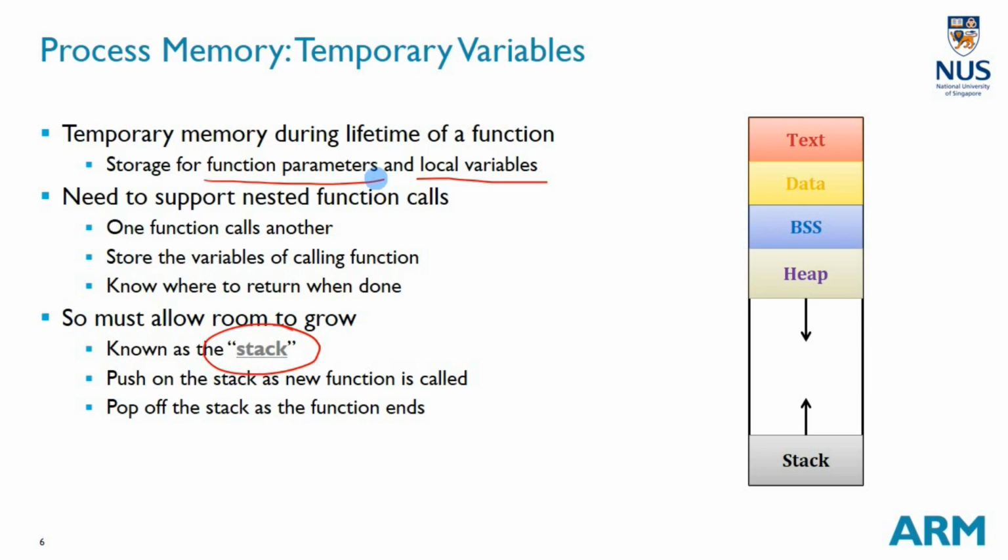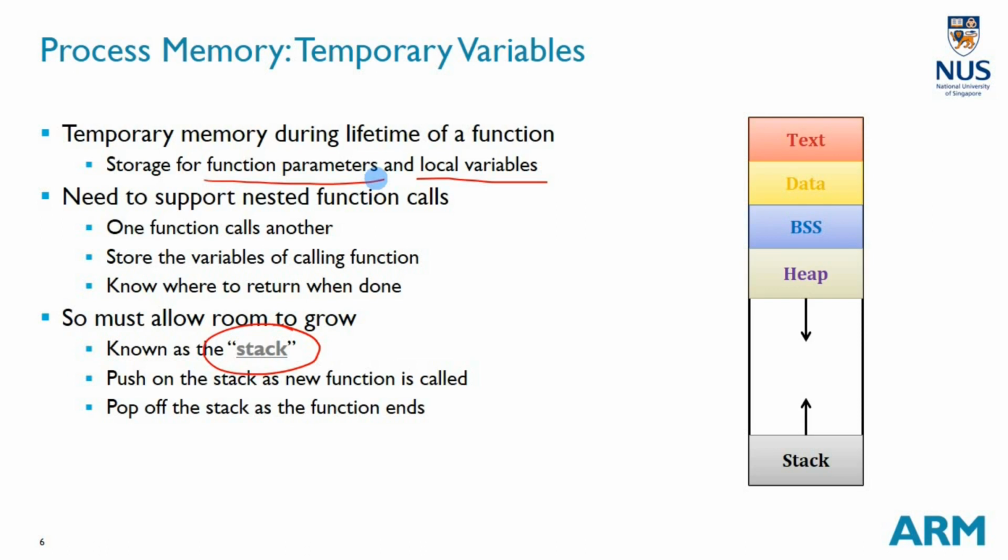For function parameters, again, this is dependent on the processor architecture. Some processors, because of limited registers, may choose to just push all your function parameters onto the stack, and then the function pops them out from the stack. But for ARM, we know that in general we have 4 registers which are used for parameter passing, and anything beyond those 4 registers is pushed onto the stack.